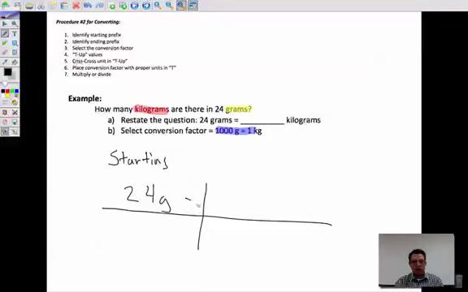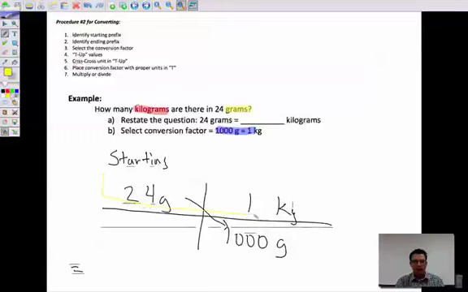Step 5 tells us to crisscross our unit. So now we need to place our conversion factor with proper units in the T. So gram is down here. So I'll write 1,000 grams. Our conversion factor is 1,000 grams to 1 kilogram. Now we will multiply or divide. So we place the units on top together, and we multiply those units.